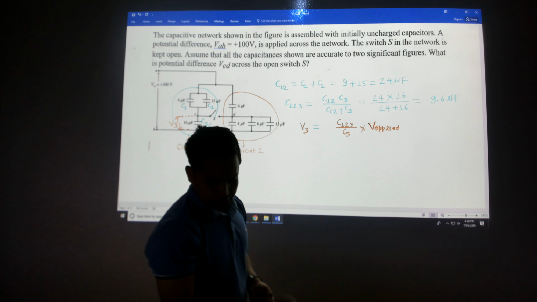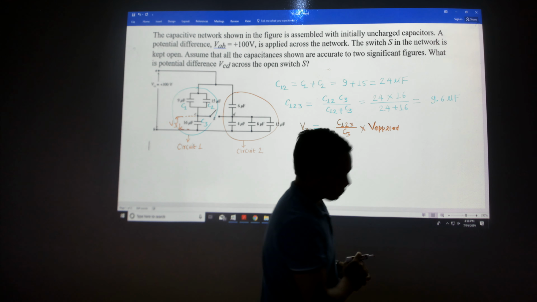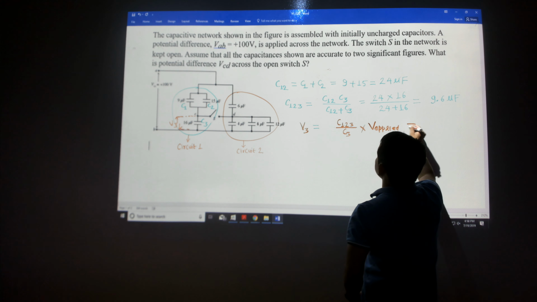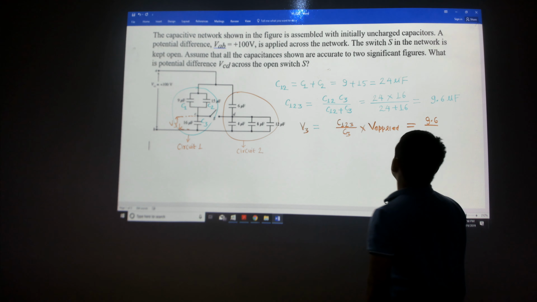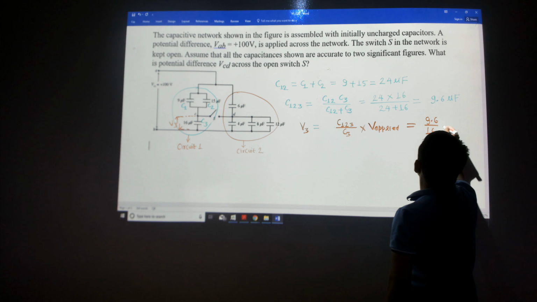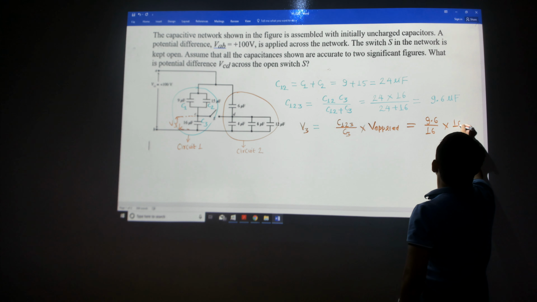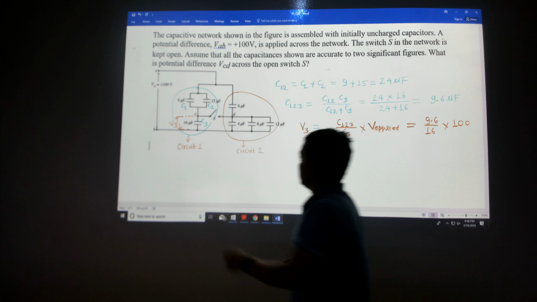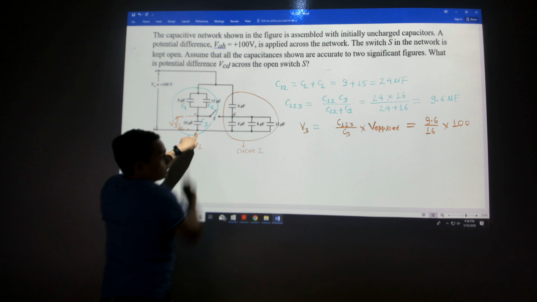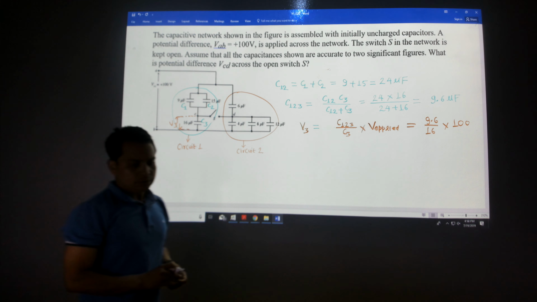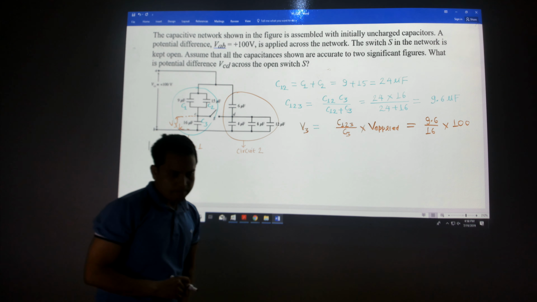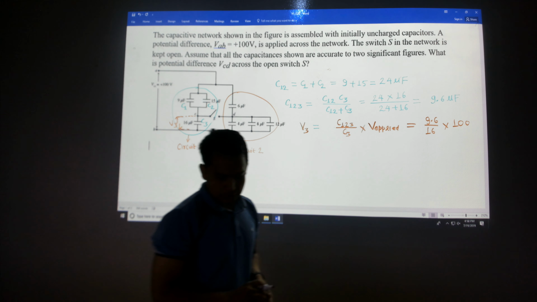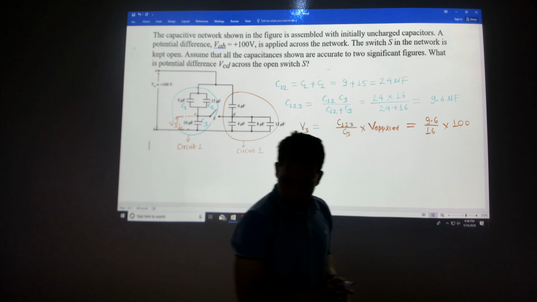So what is that potential now? C123 is 9.6, C3 is 16, and the applied potential is 100 volt between this point and this point. If you do the math, the number you will get is 60 volt.